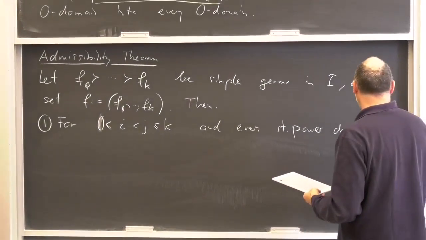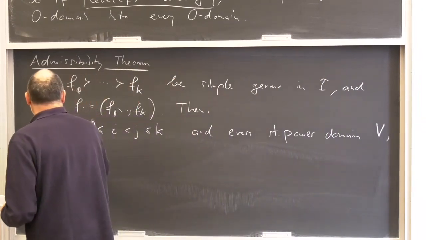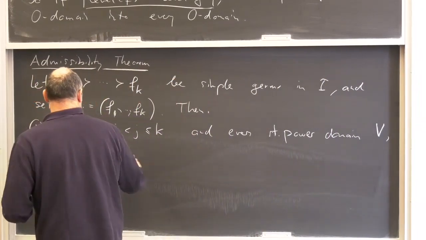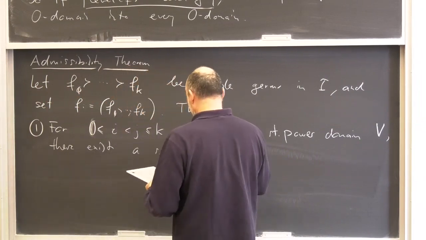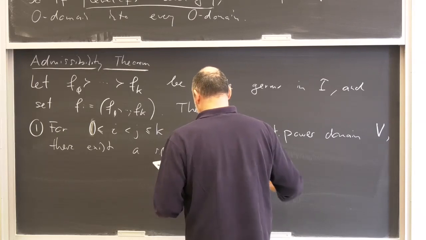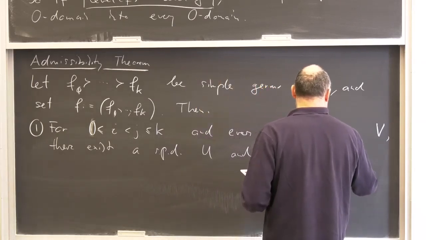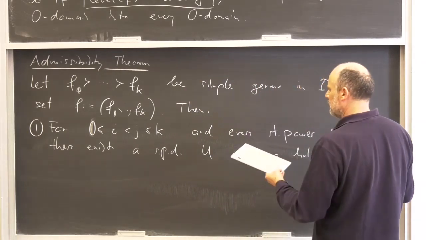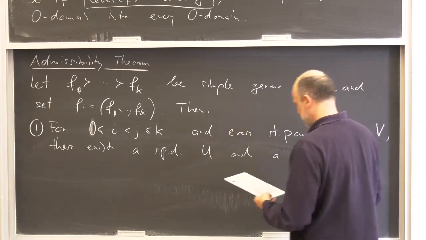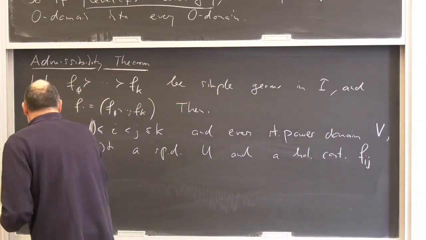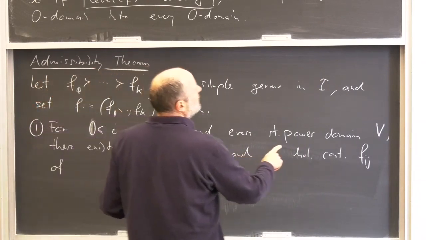So for every standard power domain B, there exists a standard power domain U and the holomorphic continuation, which I'm going to call H_ij, F_ij, of, let's see, i is less than j, which means F_i is bigger than F_j.